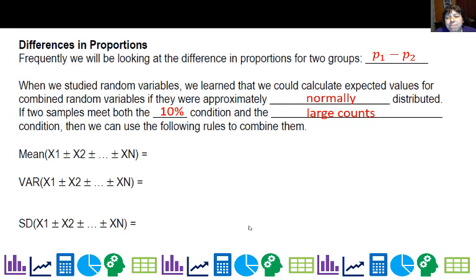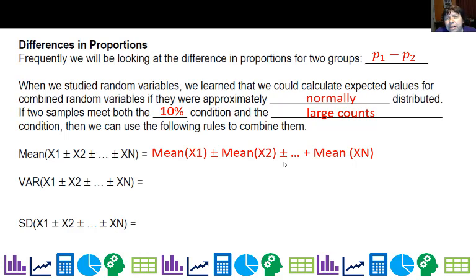So if I'm combining means, let's say I'm saying x1 plus x2, and then I say minus this one, I'm just going to match whatever I do to the means to what's going on in here. So if I add, I add. If I subtract, I subtract. That's really straightforward. Expected values behave very well.